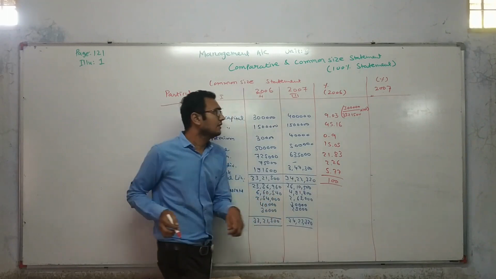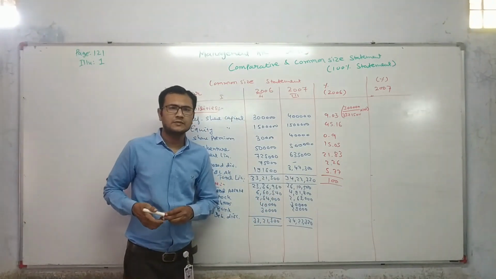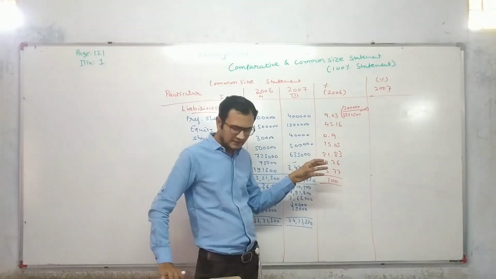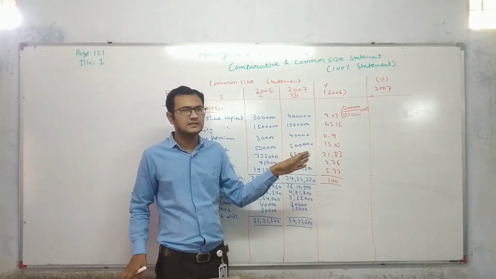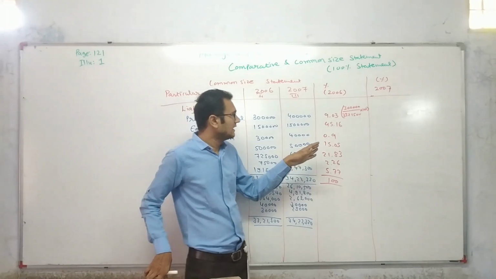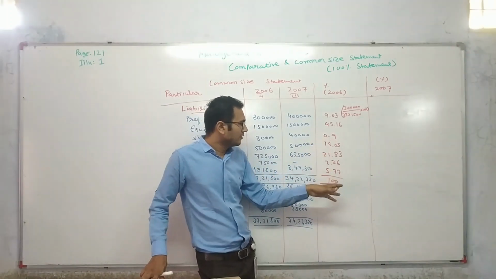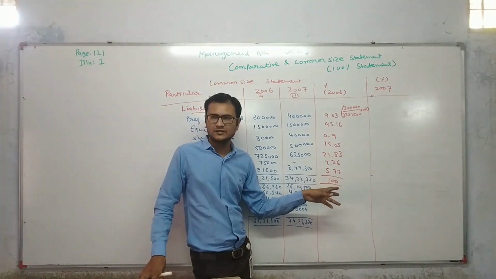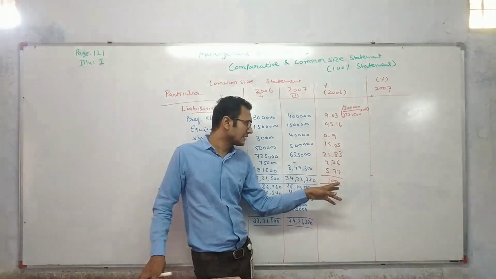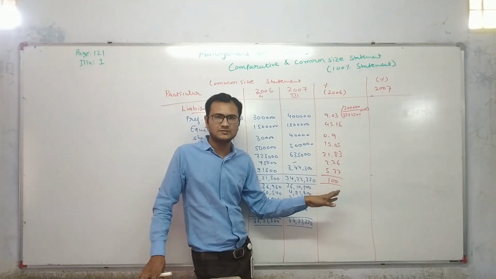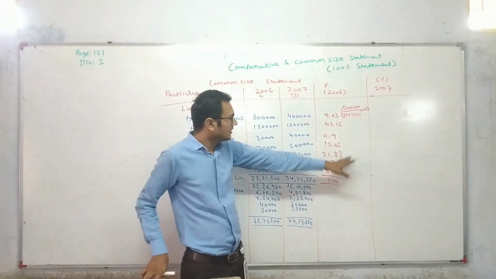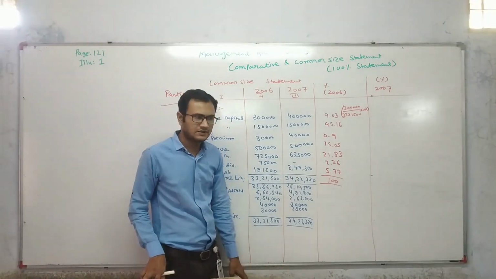And total of common size statement should be 100. It may be possible that as you consider just 2 digit decimal, you may get answer 99 point something or 98 point something. But normally the answer should be 100%.